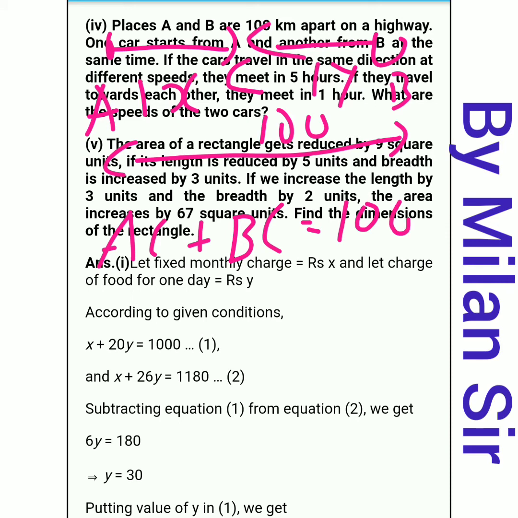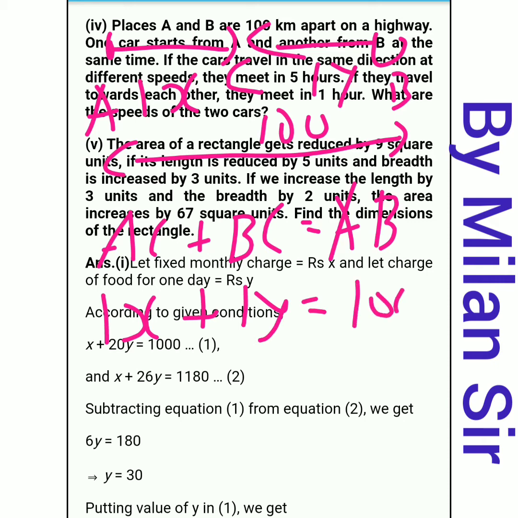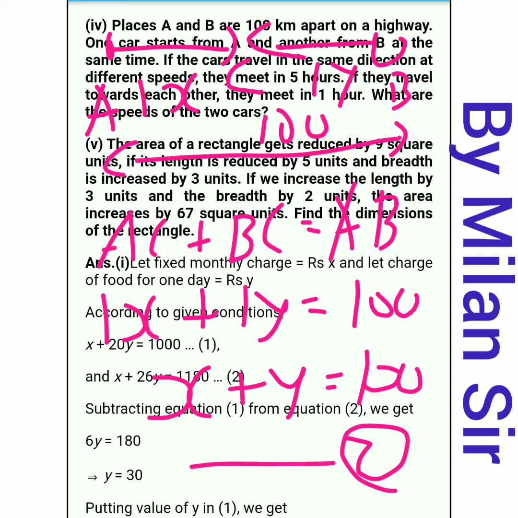In the first case, we subtract AC minus BC, but in the second case, the cars travel towards each other, so we add AC plus BC, which equals AB. AC is 1x, BC is 1y, speed multiplied by time, and AB is given as 100. So x plus y is equal to 100. This is our equation number 2. So our two equations are ready.